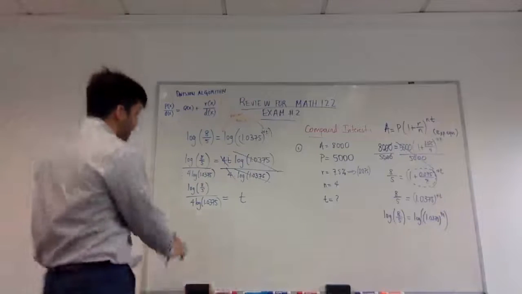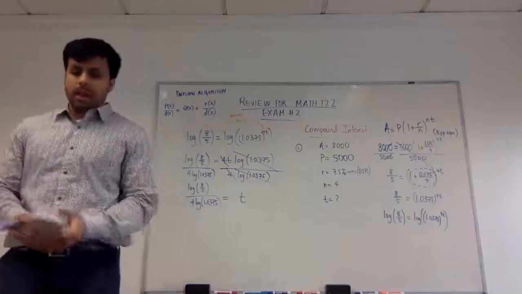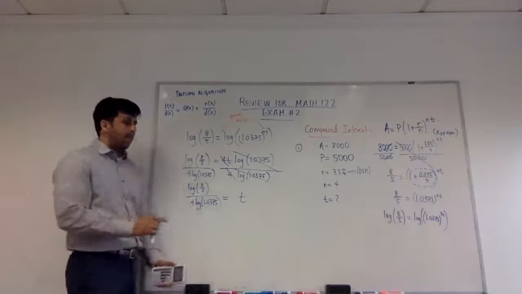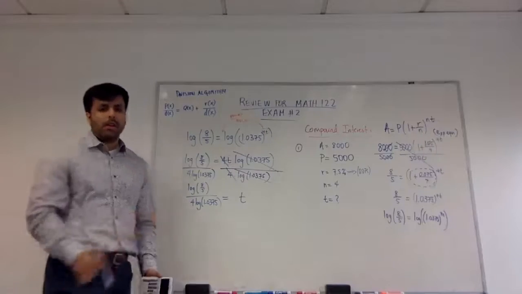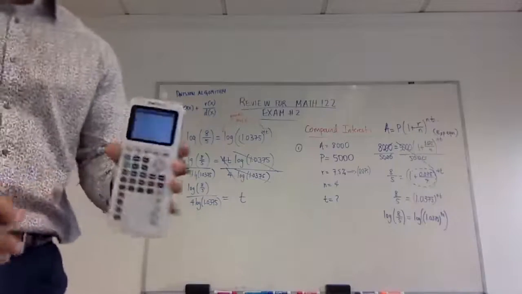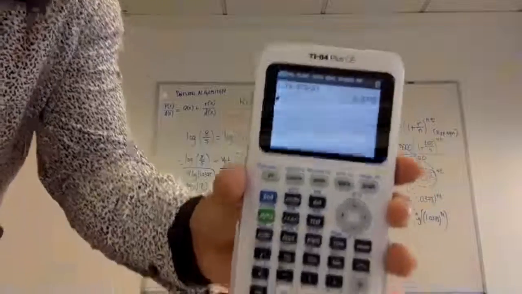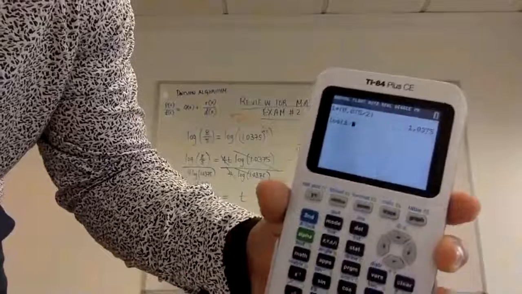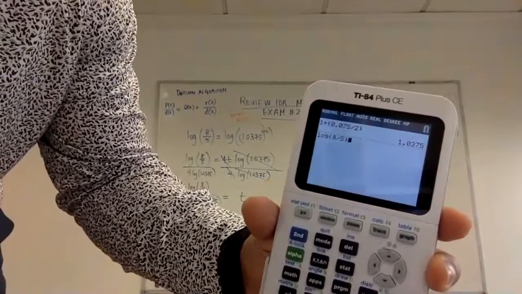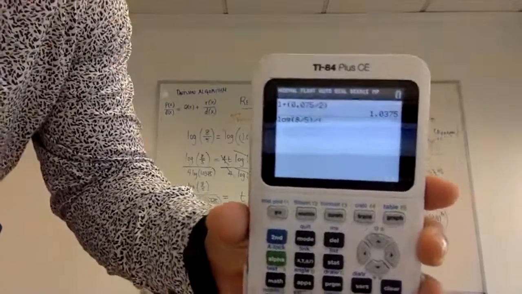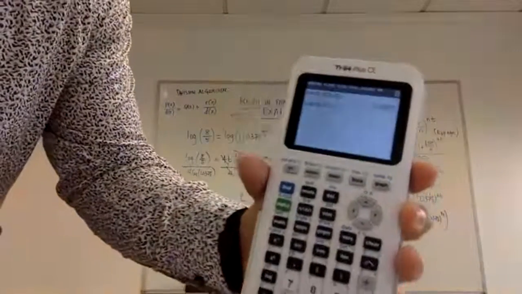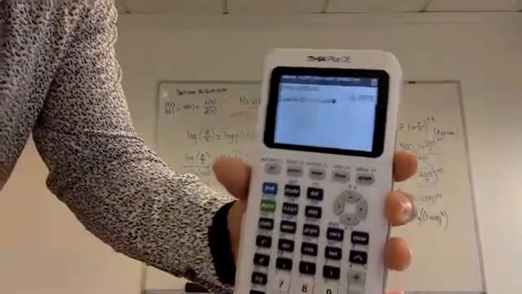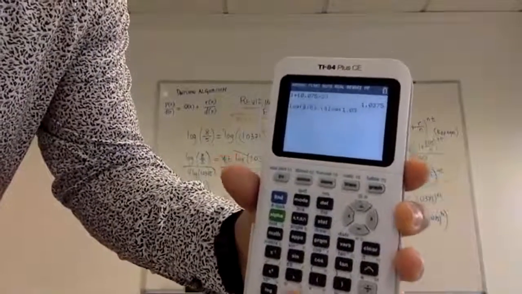So all I need to do now is evaluate this, and the only way to really do that is using my calculator. I will be very careful when I plug this into my calculator. So I'm going to plug in log of 8 over 5, divided by parentheses, so make sure I put the parentheses, 4 log of 1.01875.